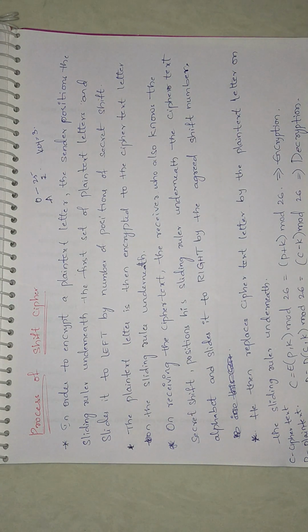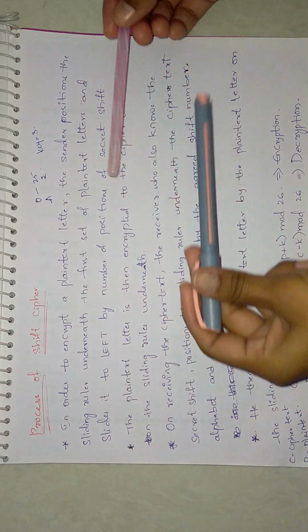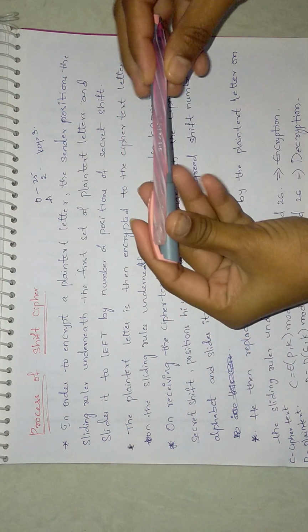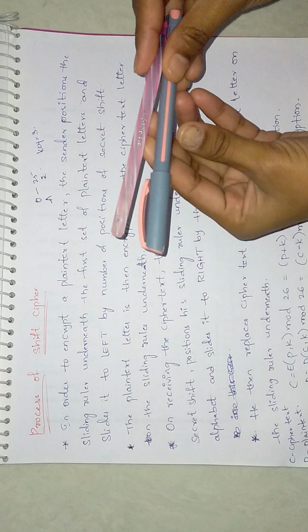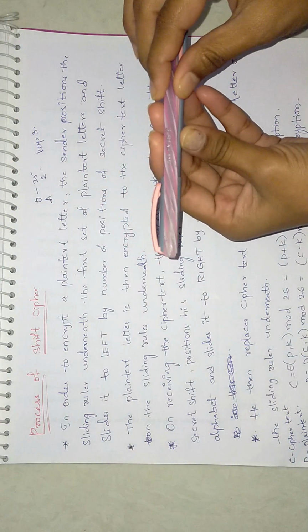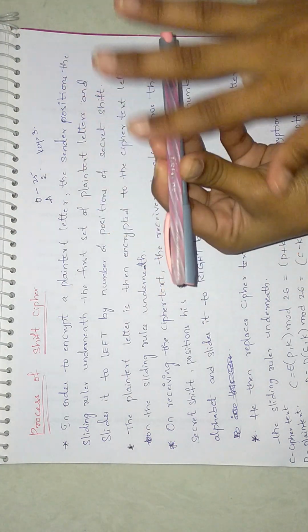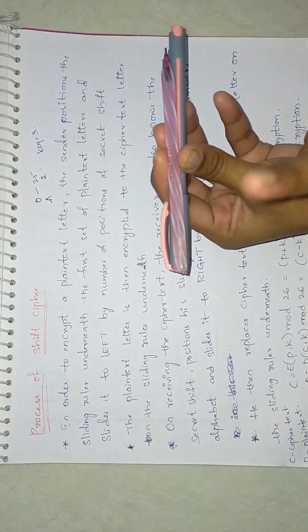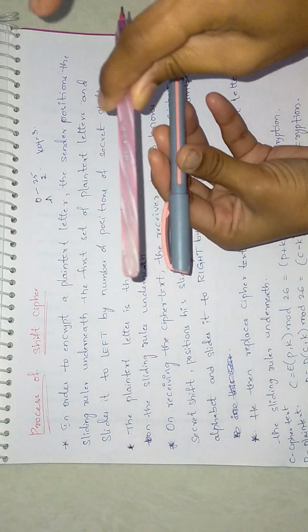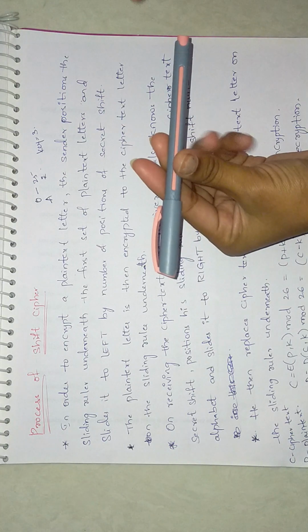Consider this pen as one ruler and this pen as another ruler. We will keep the ciphertext underneath and the plain text above, and for the first letter all positions will be closed except two boxes. In this ruler one box will be visible, and in this ruler one box will be visible.